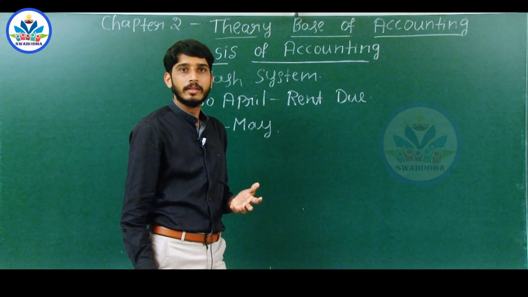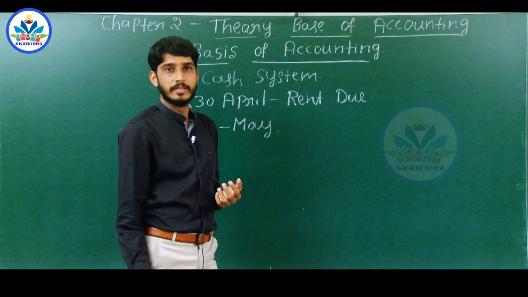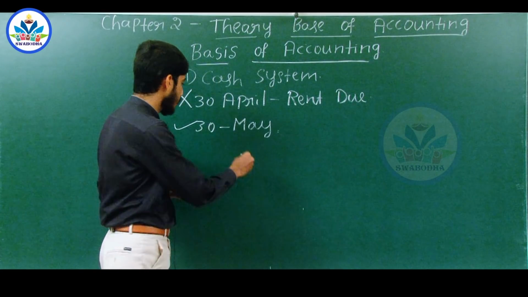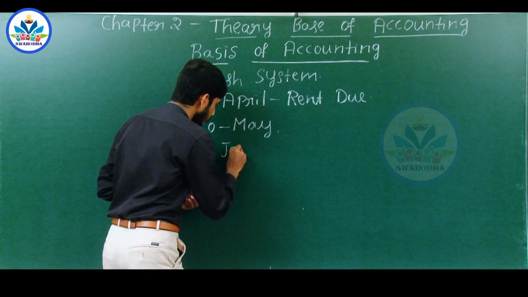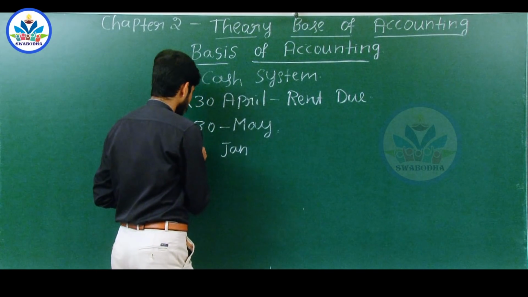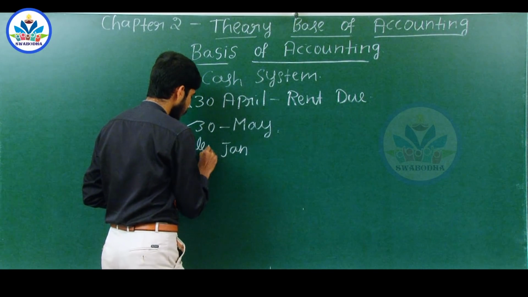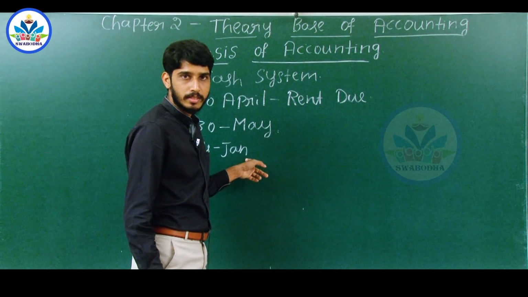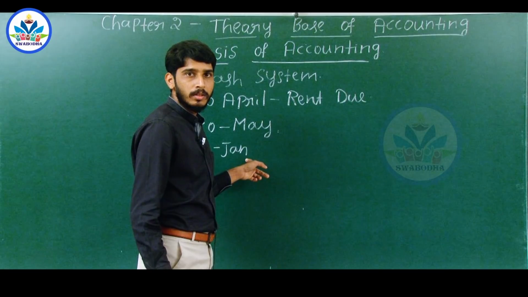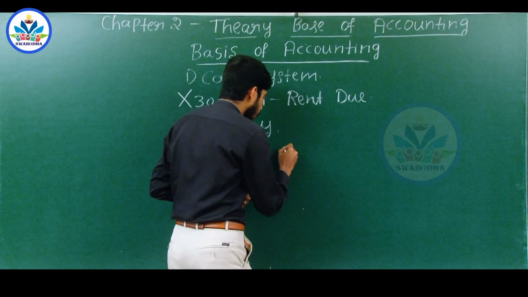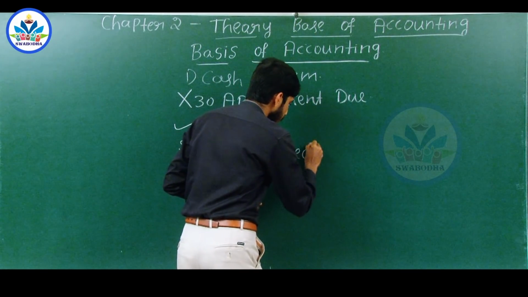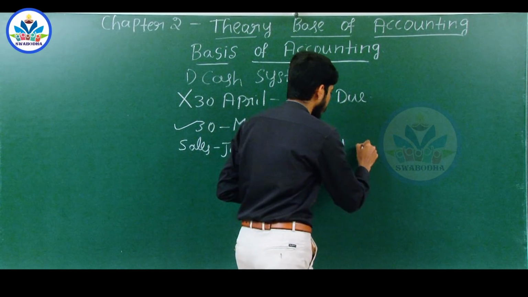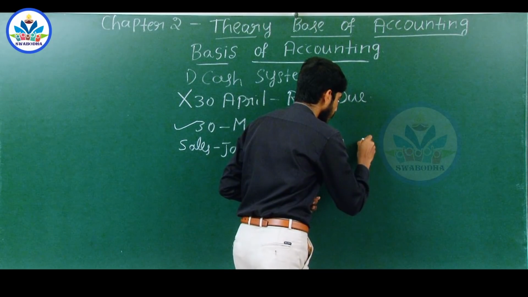In the same way, to give another example, suppose you have sold goods on credit in the month of January, credit sales, and you have received the amount of the same sales in the month of April.